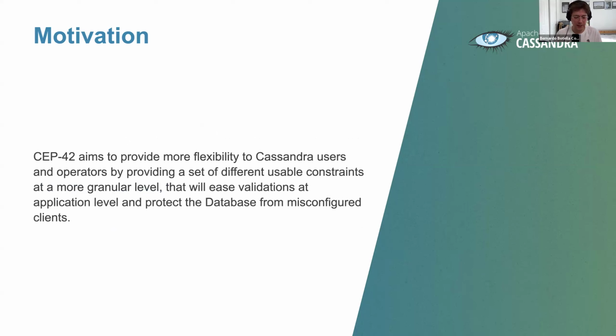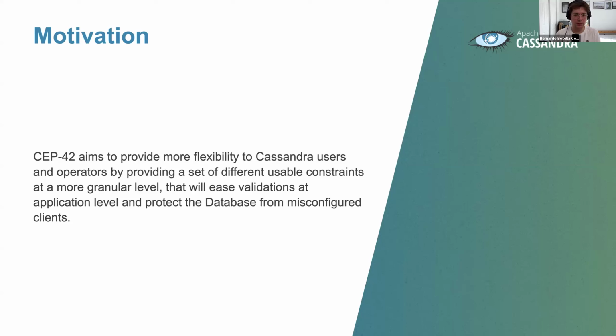Now, we wanted to go a little bit further, and that's the reason we proposed the constraints framework in CEP-42. Basically, it aims to provide a generic enough framework for anyone, and by anyone I mean either operators or even users, to configure constraints at a column level or at a table level, and not at a column type specific level.